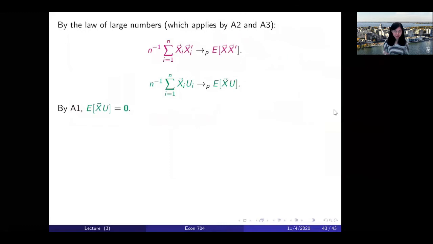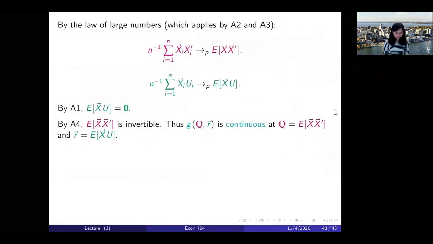Now we are ready to apply the Slutsky theorem. We can apply it also because this matrix is invertible by the no perfect multicollinearity assumption. And therefore g of Q, R is continuous at this limiting point.